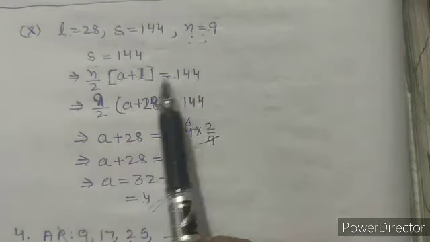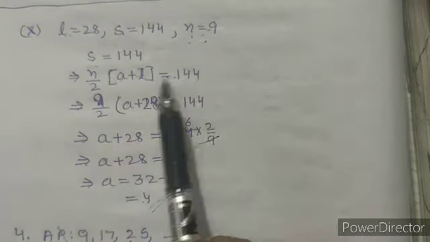As the number of terms cannot be negative or a fraction, minus 53 upon 4 cannot be the value of n. Now on taking the positive sign, n will be equal to minus 5 plus 101 upon 8, and that is giving the value of n as 12. So this is our answer.